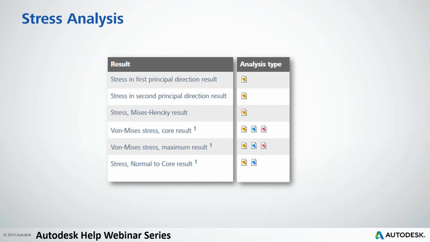So for, say, the first and second principal direction plots, these are used for more brittle materials to find high stress areas to compare with your material data. And they're plotted across a section of the part. So instead of being similar to the overall part, you're kind of taking a cross section of it and looking at the stress between that cross section.